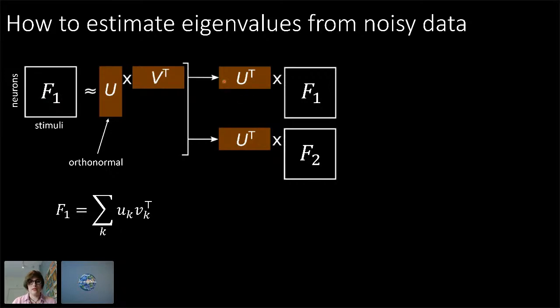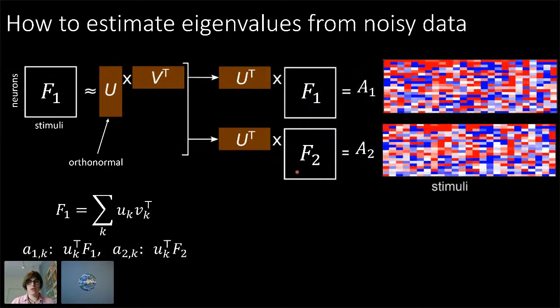So we take these U vectors and project them into the first repeat of stimuli and into the second repeat of stimuli. This is going to give us 2 matrices, which will be number of components by number of stimuli. Each of these rows A is one of these vectors of U projected into the F space, into the neural space.